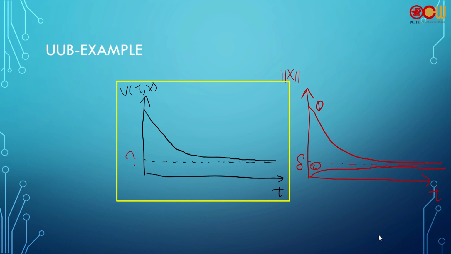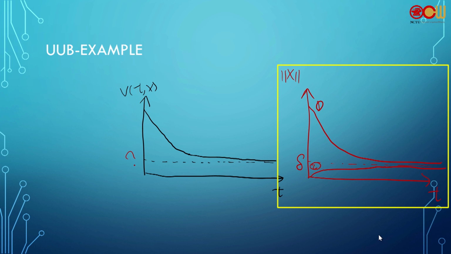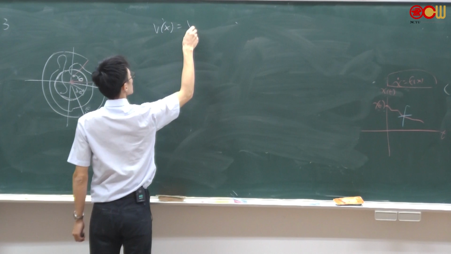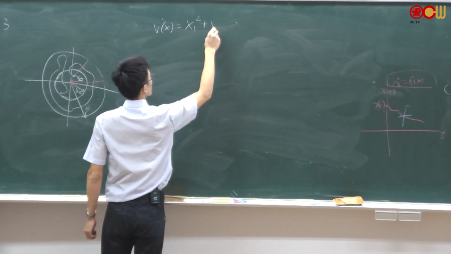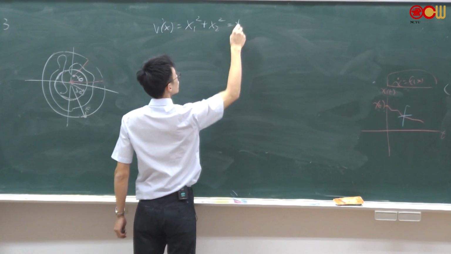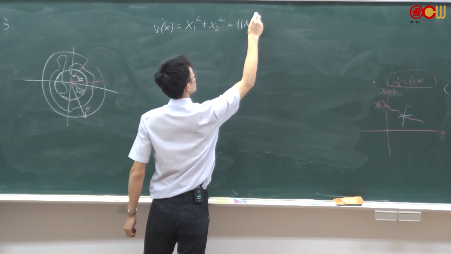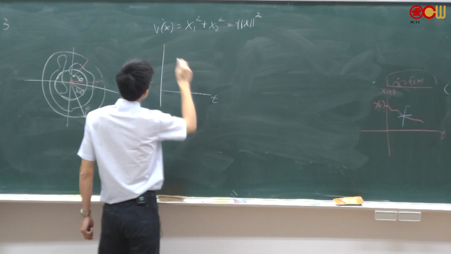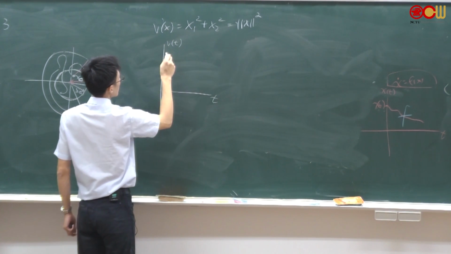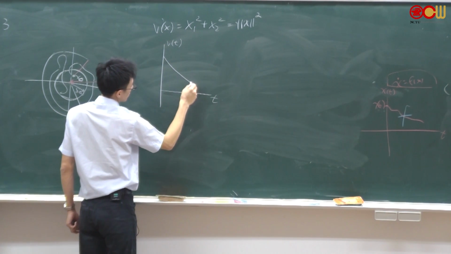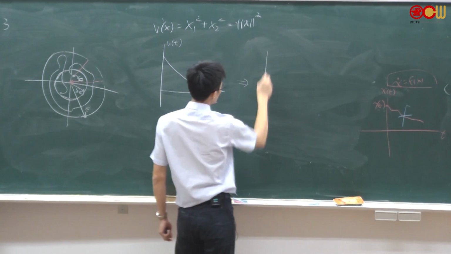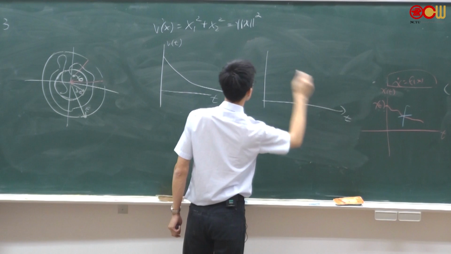If this is v, there's some relation between this x norm and v. So if v(x) is x1 squared plus x2 squared, as we mentioned before, this is the x norm. So if v(t) decreases along with time, we can infer this about the x norm.